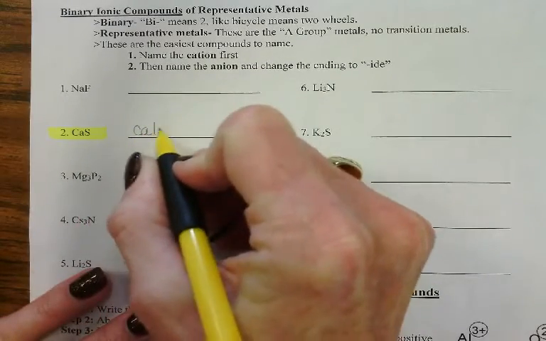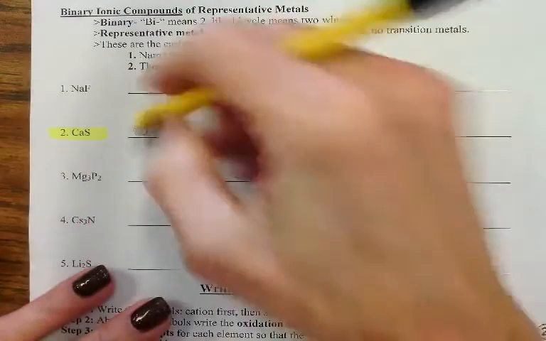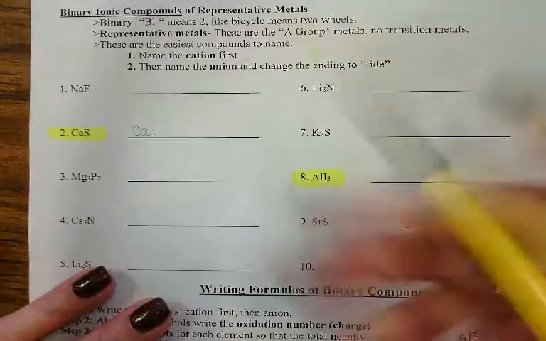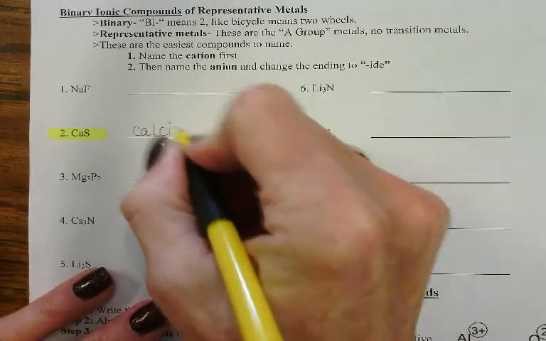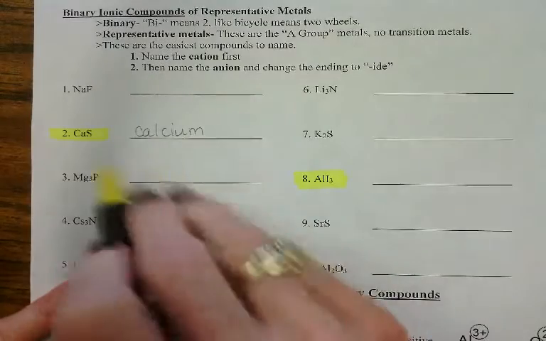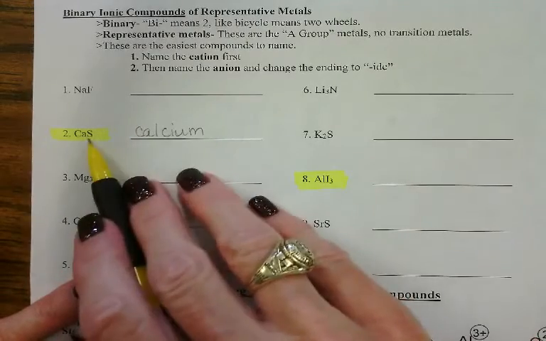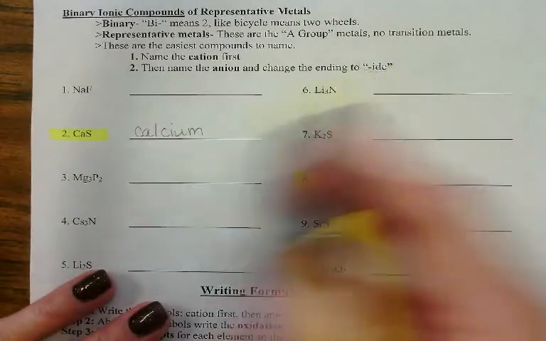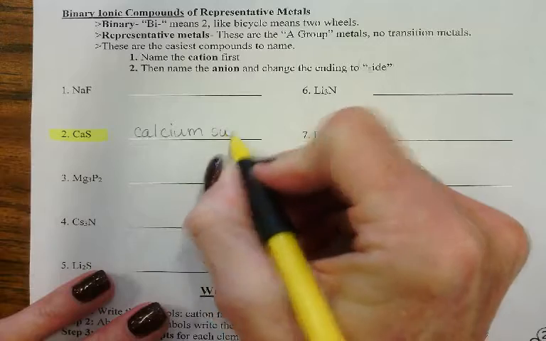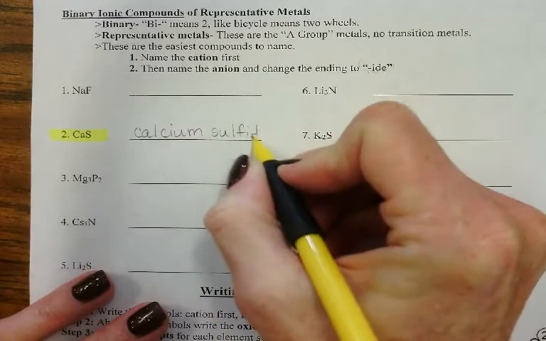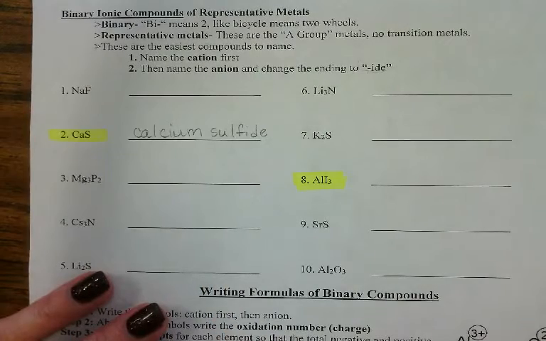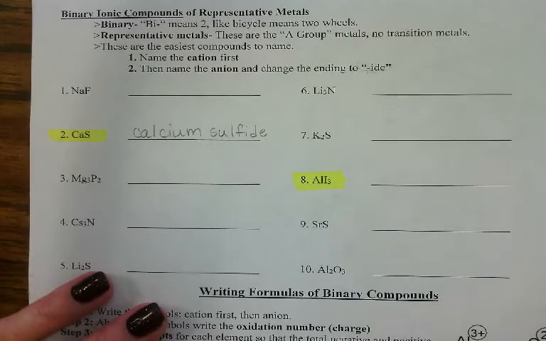So I just write the name calcium. Instead of saying calcium sulfur, this is going to be calcium sulfide. We took off the ending of sulfur and added IDE. Calcium sulfide.